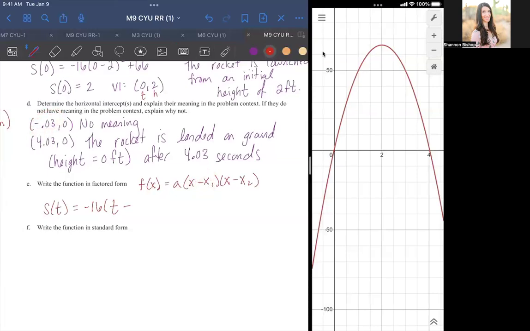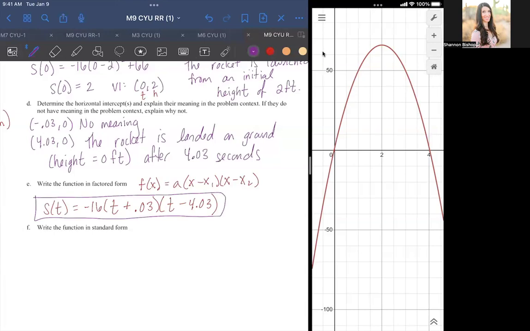So technically it is minus a negative. I'm going to cut that process and make it all in one step here, and just say plus 0.03. And then similarly, t minus the other horizontal intercept, which was 4.03, so minus 4.03. So that would be the function in factored form.